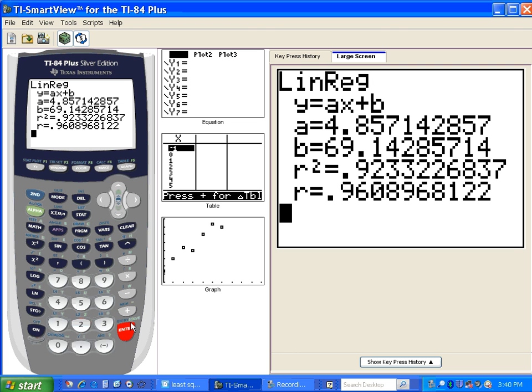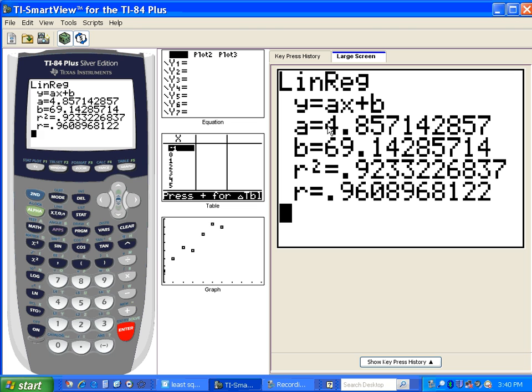Enter. And notice a few things here. We have A being our slope, 4.857. B is our y-intercept, 69.1. And notice our r value of 0.96. So that confirms this is a strong positive relationship.